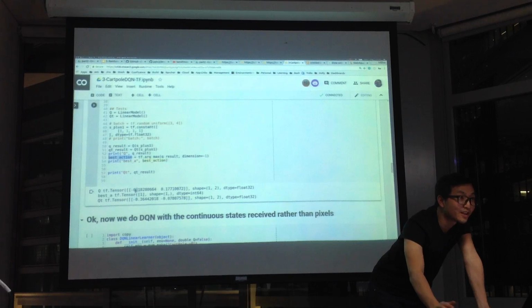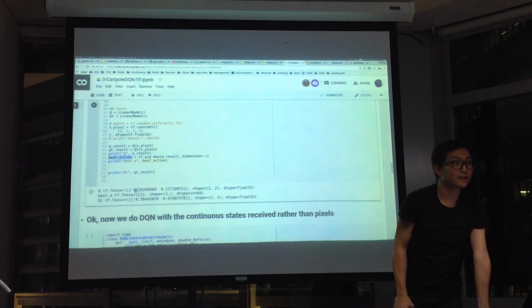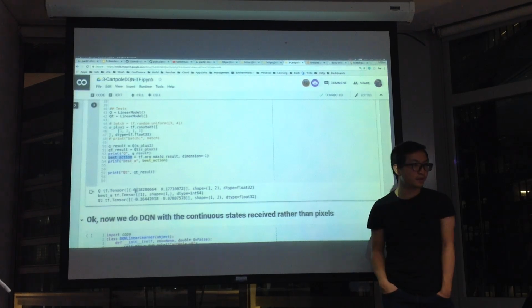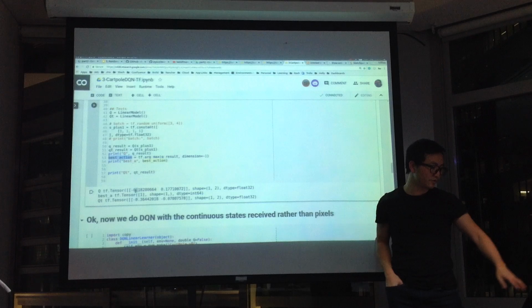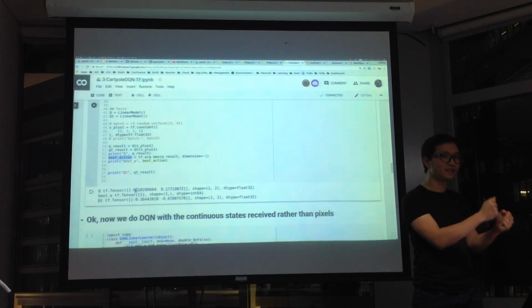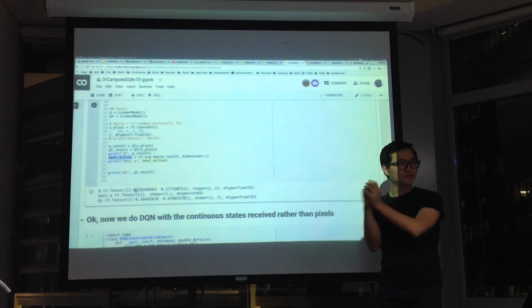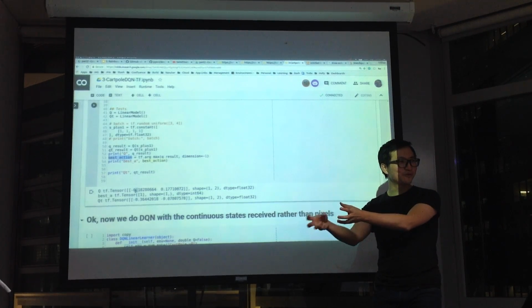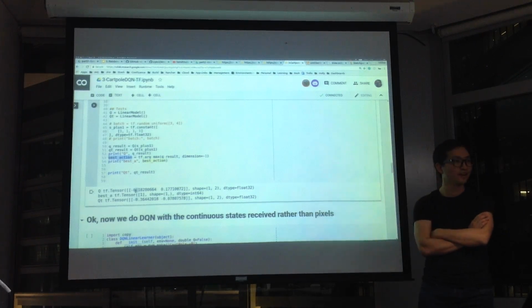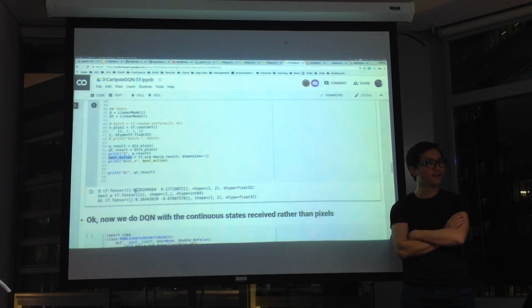So are you saying for double DQN, you end up choosing the second value in QT? Is that what you're saying? No, you use 1 to evaluate what the best action is. And you take that best action, and you choose the value from the other network. But that's normal DQN.